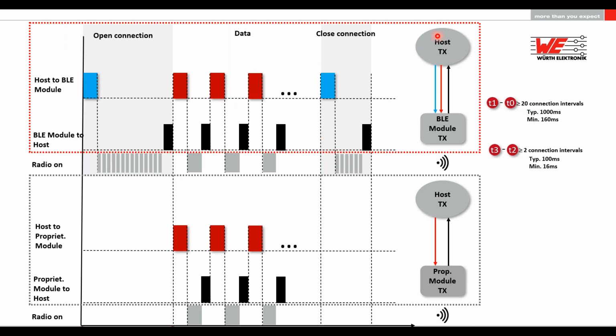So you have a host microcontroller which initiates a communication. And typically setting up a connection takes around 20 connection intervals, which is typically around 1,000 milliseconds. And a disconnection takes around 100 milliseconds.